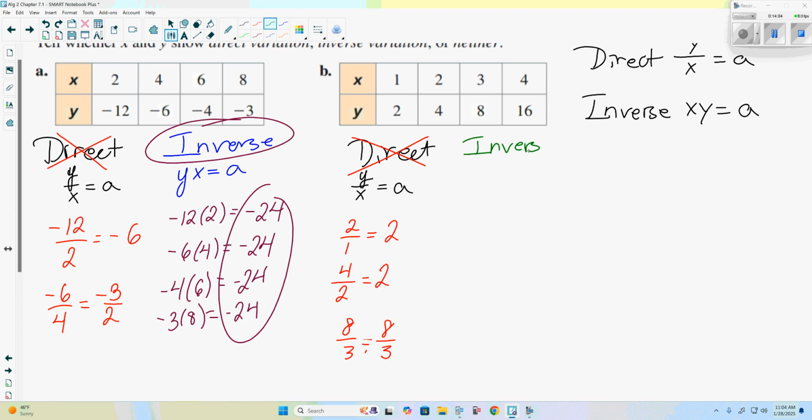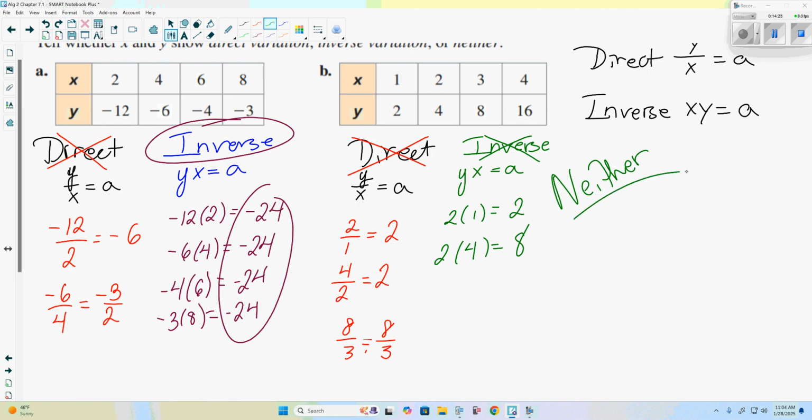Inverse. Y times x is equal to a, or x times y is equal to a. So we have 2 times 1, which is 2. We have 2 times 4. Neither.